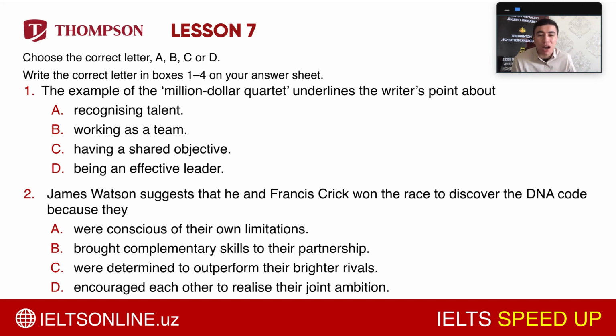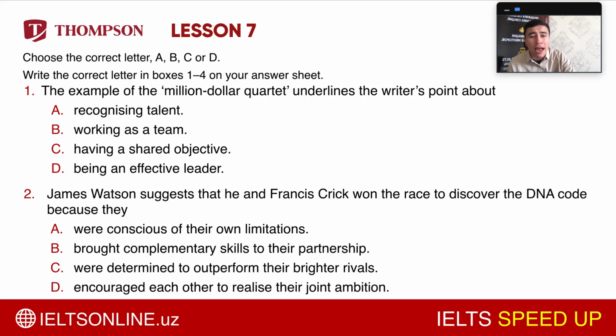So rivals means opponents, brighter means like smarter, outperform means win or became better, and determined means it was like clear from the beginning, but okay. D, encouraged each other to realize their joint ambition. So they both motivated each other to realize their common ambition, common goal.